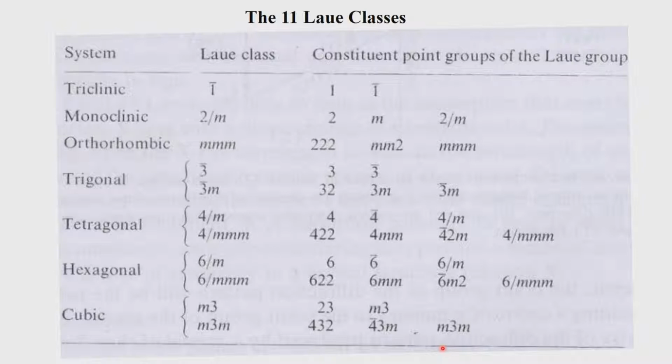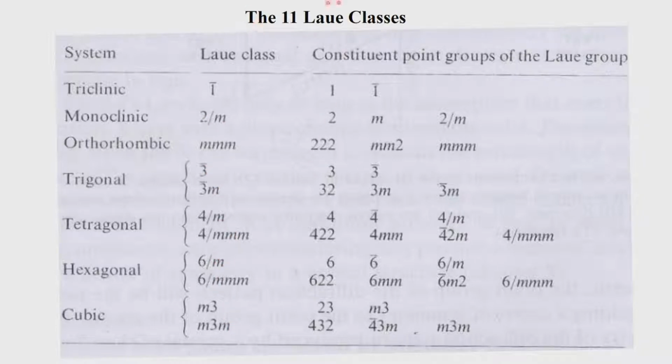So, the triclinic has 1 and 1 bar, and the Laue group will have only 1 bar. So, the 2 point groups will essentially be 1 point group as far as diffraction is concerned. Similarly, in the case of the monoclinic system, 2/m is the only possibility, mmm is the only possibility for orthorhombic, and so on. So, 1, 2, 3, 4, 5, 6, 7, 8, 9, 10, 11.